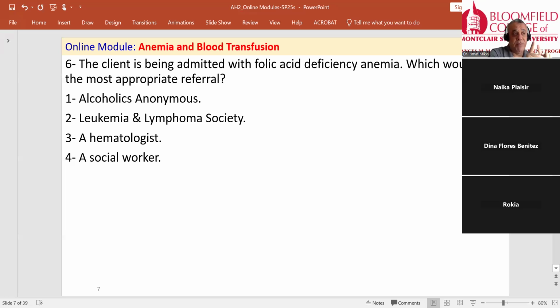Remember, as I mentioned at the outset of today's session, chronic alcohol abuse is the highest risk for folic acid deficiency.